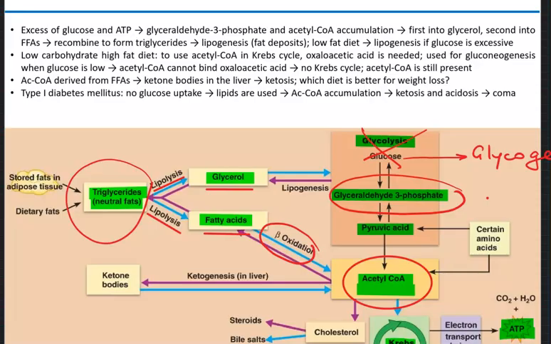Because if you eat fat, I don't mean lard, I mean butter and oils and avocados and stuff that is very rich in fat and very poor in carbs, right? First of all, fat makes you feel full much quicker.